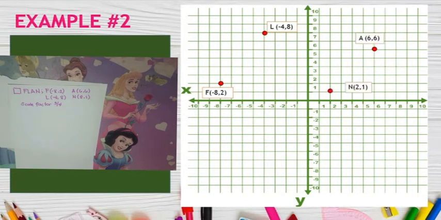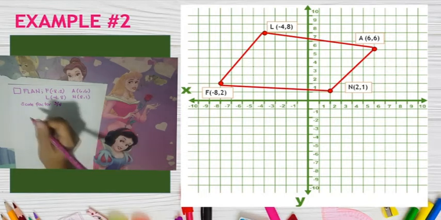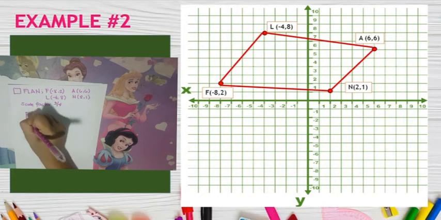And point N with the coordinates of 2 and 1. So let's connect these coordinates so that we will have a visualization of our pre-image. And here we go. Now that we have our pre-image, let's now compute the scaled version of this quadrilateral with a scale factor of 3/4.